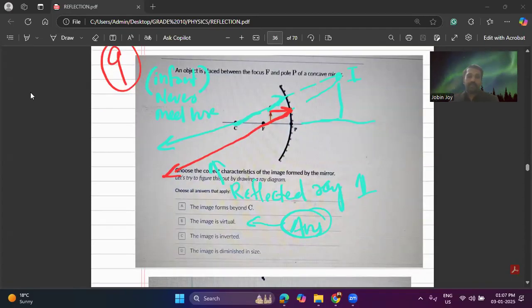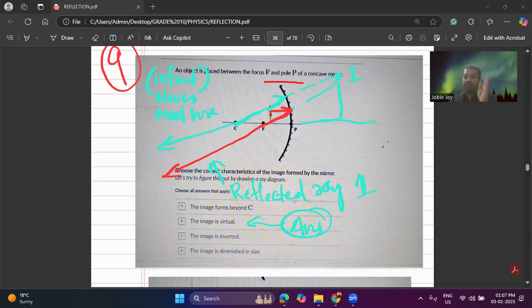Then another question is, an object is placed between the focus and the pole of a mirror. We already discussed, if the object is at center of curvature, the size of the image will be the same and we will be getting the image on that particular point, center of curvature.